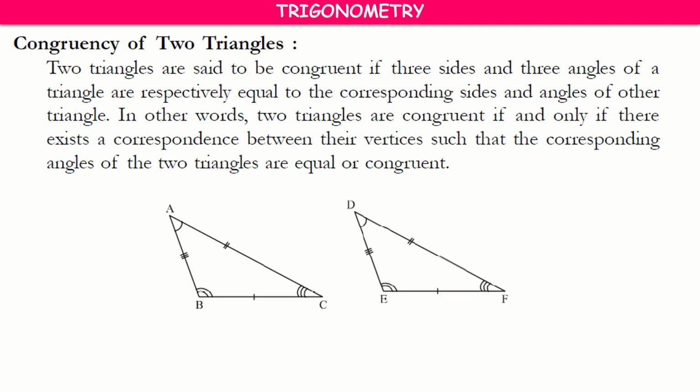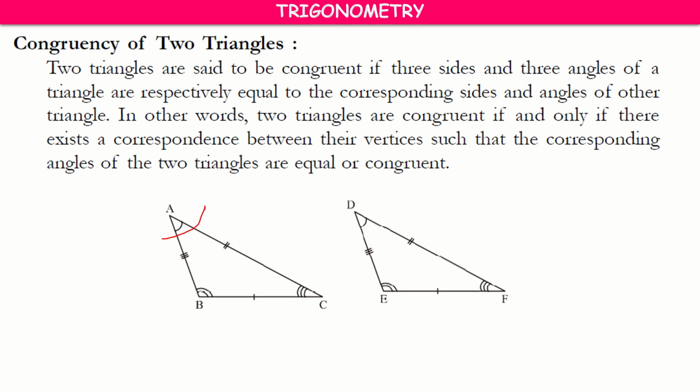Next, congruency of two triangles. Two triangles are said to be congruent when there are many properties. Number one, corresponding angles are equal, and number two, corresponding sides are proportional and equal. Very, very important. Suppose here ABC is one triangle and DEF is another triangle.